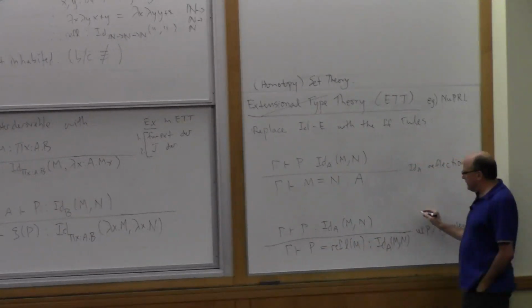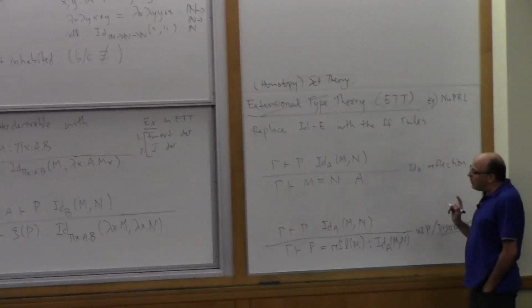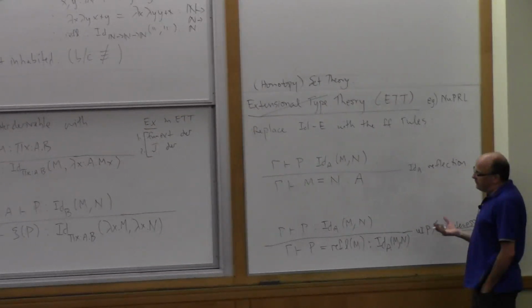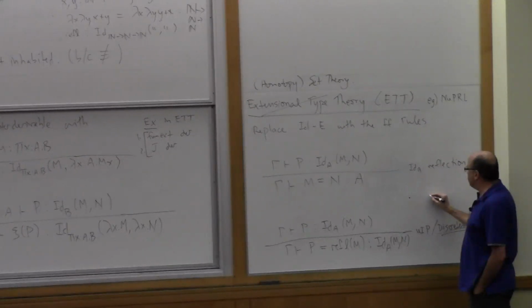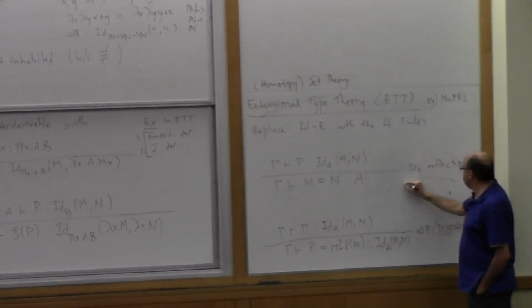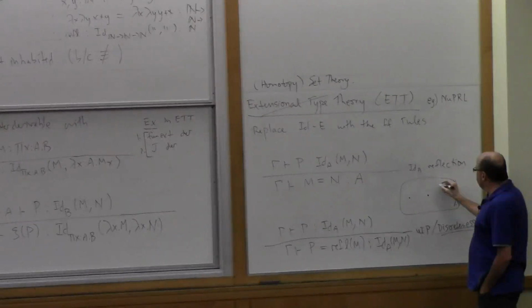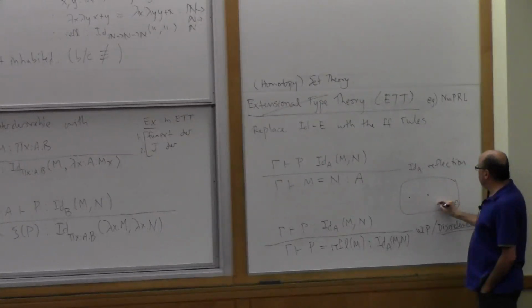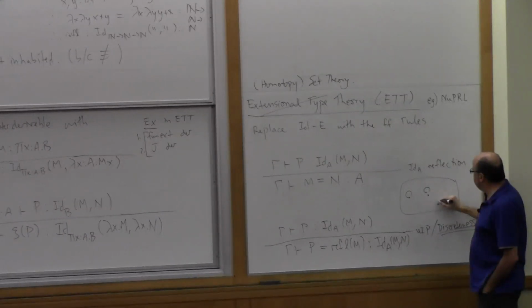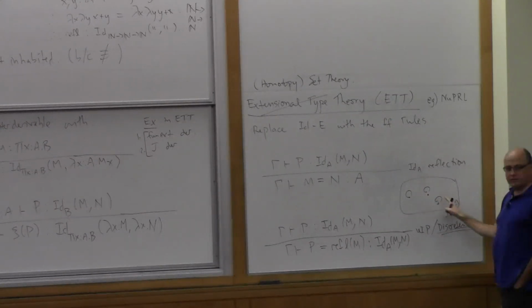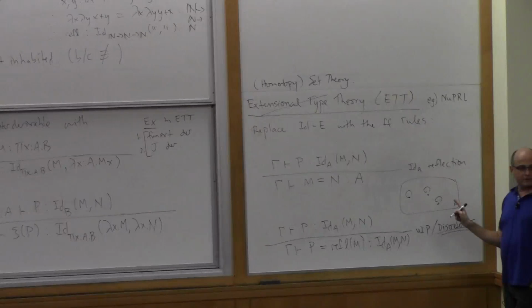Uniqueness of identity proofs tells us that homotopically the type A thought of as a space is discrete in the following sense: if you have various elements of A floating around, the only paths that exist are the paths between these and themselves. There are no other paths between points in the space. That's said to be homotopically discrete.